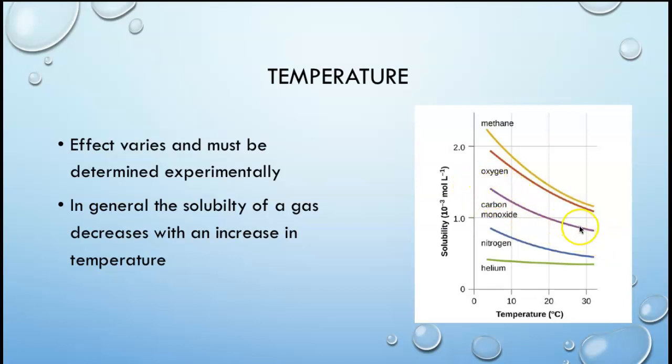So that's why in the summer, if you have a shallow stream that's going to get pretty warm, you're not going to see very many things living in it because there's not going to be enough oxygen dissolved in the water for the fish to breathe. So some aquatic animals are just plain temperature sensitive, but a lot of times it has to do with the amount of oxygen that's dissolved.